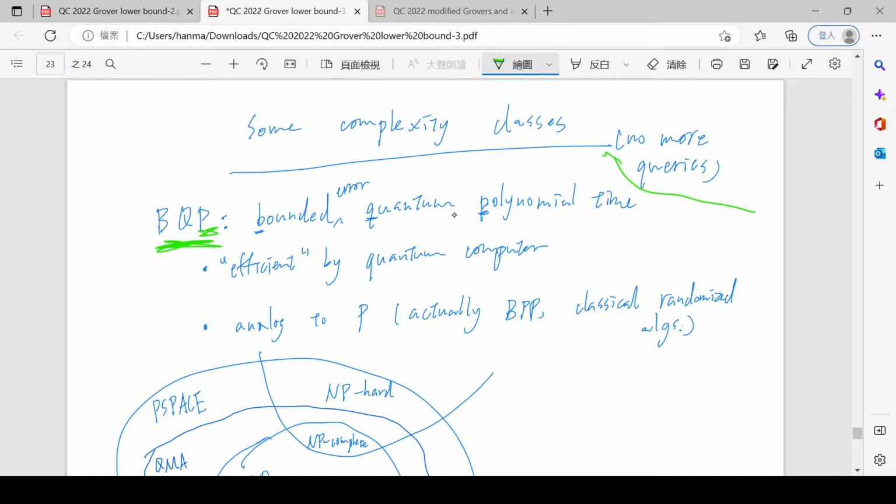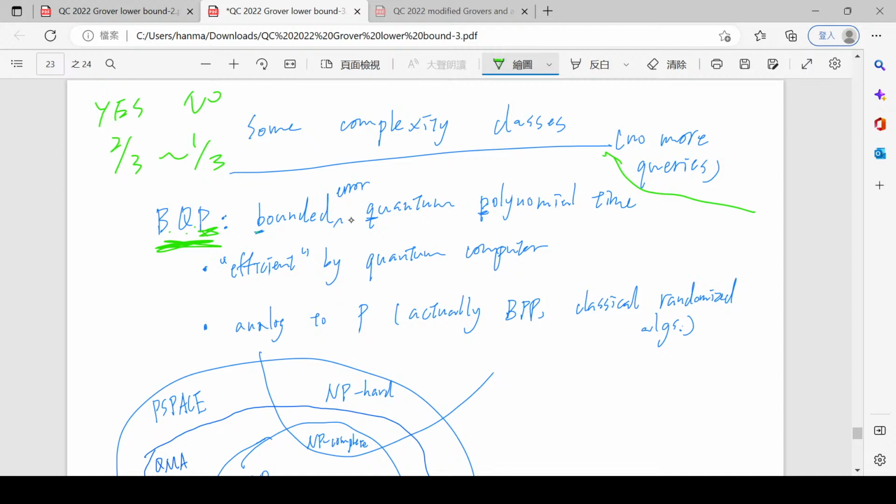Polynomial time is the same as the classical P, Q is obviously quantum, but we want B because we want bounded error. Bounded error means that, since we are talking about decision problems, we need a success probability of at least 2/3, and at most 1/3 error, for yes instances and no instances.